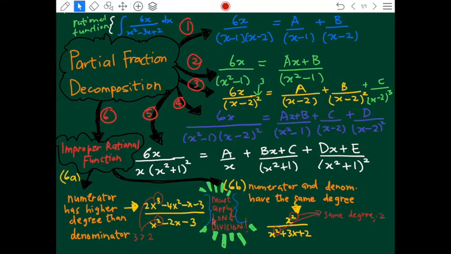How to apply the long division, we're going to cover later on, but first let's check out how to find the constants a, b, c, d, e, and so on. So how to find these constants? Once you can solve the constants a, b, c, d, e, and so on, only then can you proceed with the integration process. Alright, I hope that's clear.